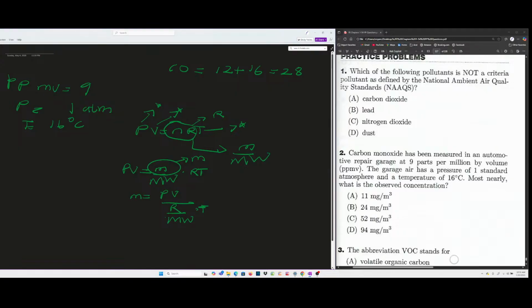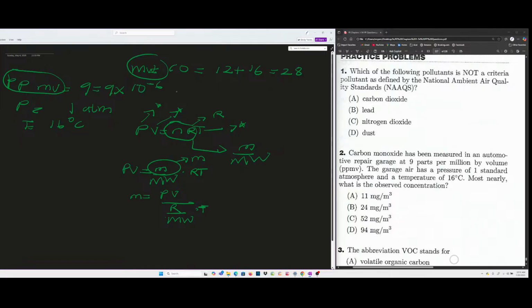So we're looking for our observed concentration, which is M. We already have P, and we already have the molecular weight of CO. We have ppmv, which is our volume in parts per million, and this is going to equal 9 multiplied by 10 raised to the power minus 6.